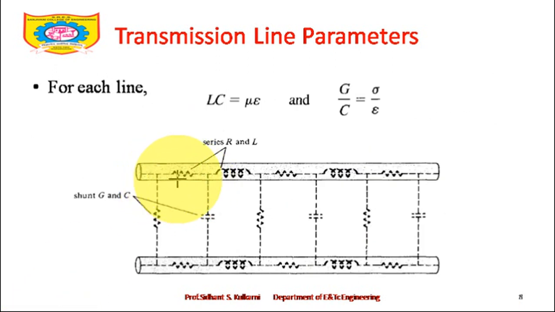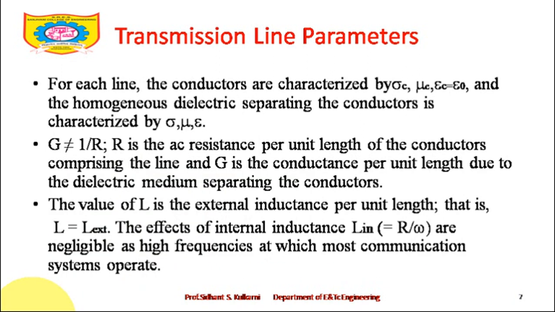R is the resistance of this conductor, and G is the conductance of this insulating medium. So they are not directly related. Listen to me carefully once again. This resistance R is the resistance of the conductor of the transmission line, and this conductance G is of the dielectric medium. We cannot establish a direct relationship between them. So G is not equal to 1 by R, and G is the conductance per unit length due to the dielectric medium separating the conductors.